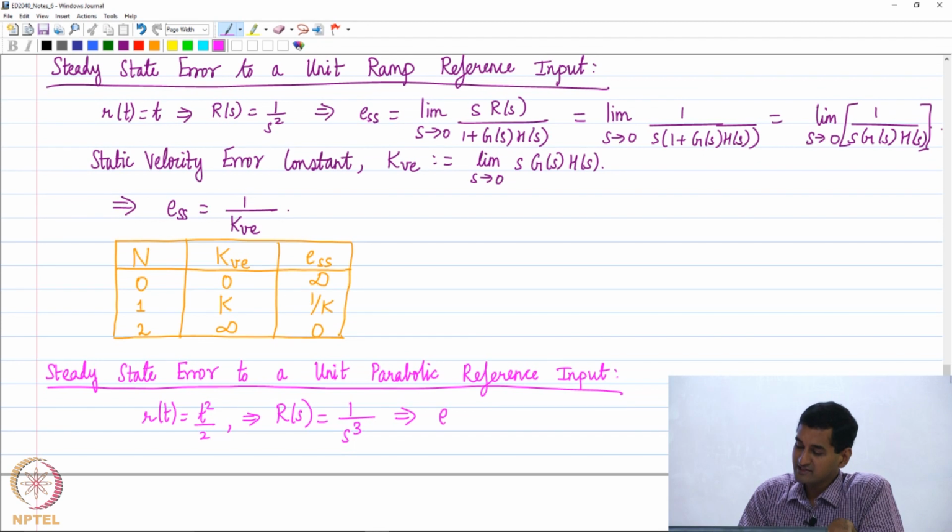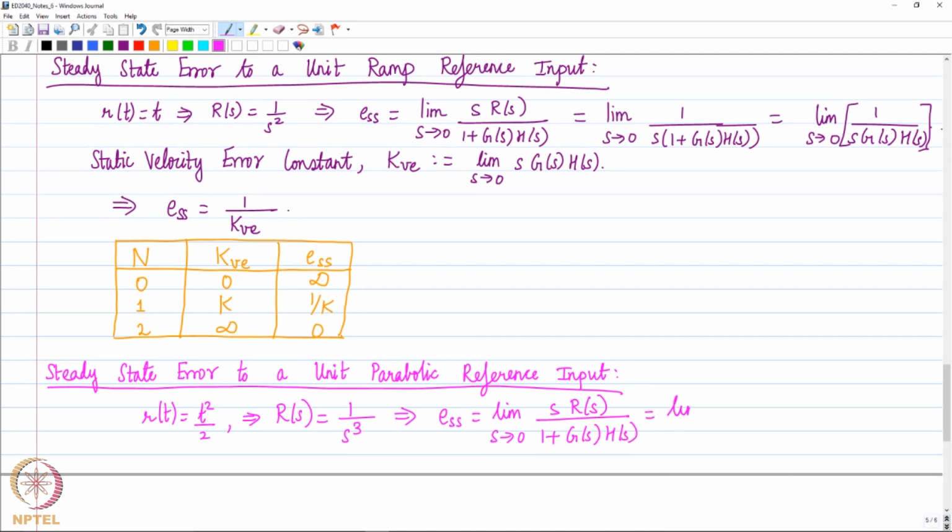So this implies that e_ss, which is the limit as s tends to 0 of s times r of s divided by 1 plus g of s h of s, is going to be the limit as s tends to 0 of 1 divided by s squared times (1 plus g of s h of s), which is equal to the limit as s tends to 0 of 1 divided by s squared g of s h of s.